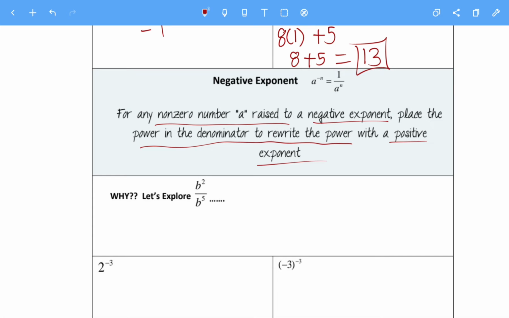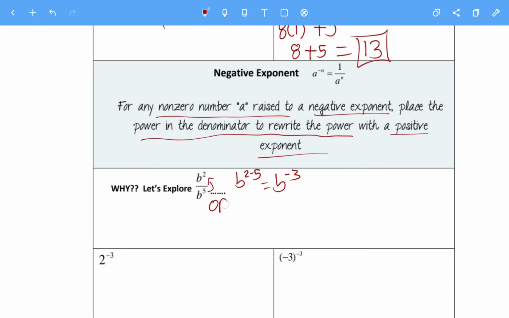So if we only took it to the top, so let's bring that 5 up, we get b to the 2 minus 5, which is b to the negative 3. Or we could solve it by bringing the 2 down.